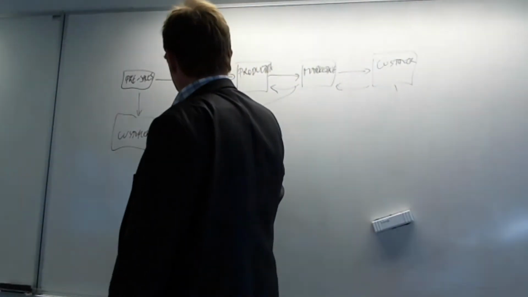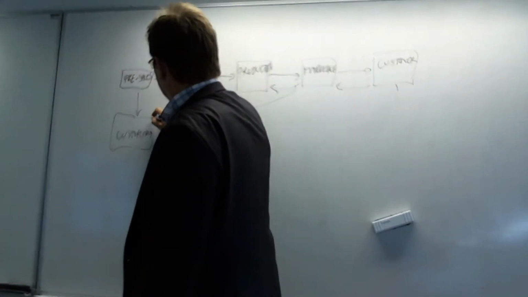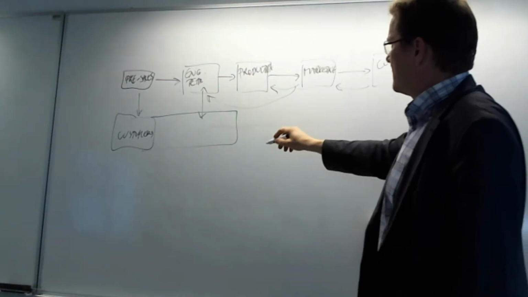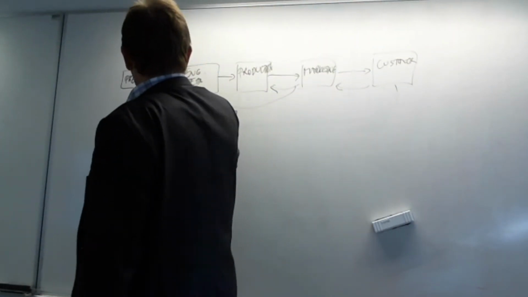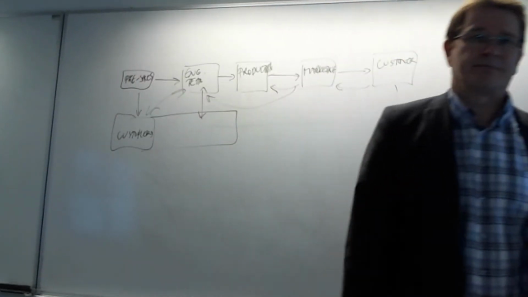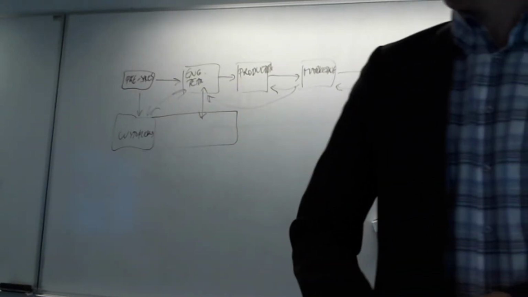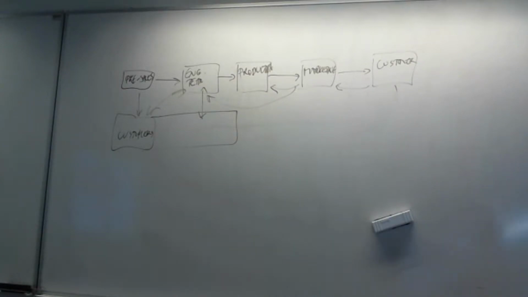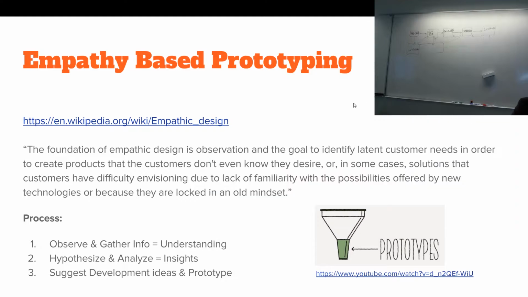Now basically pre-sales and the engineering team will do the co-creation with customers. So basically there's a direct link between engineers and customers. Yeah, that's how things have changed. Okay, but anyway, so empathy-based prototyping is about that kind of prototyping.